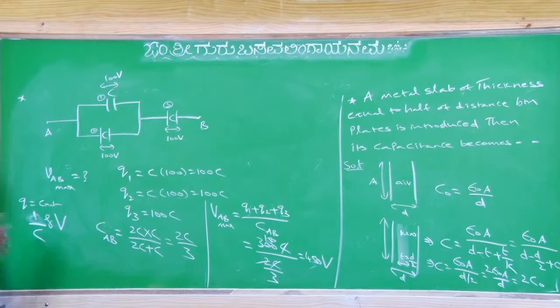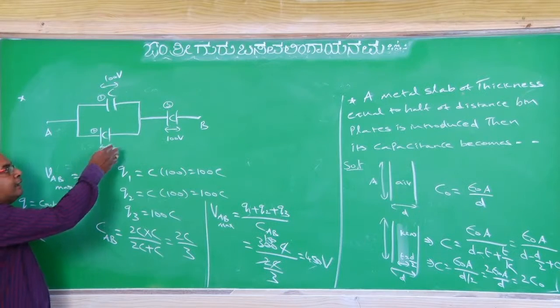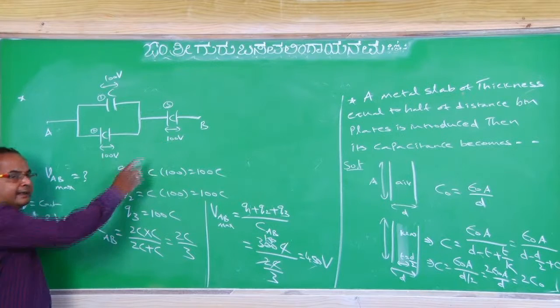450 volts. Suppose the same question is given, and in between A and B a battery is already connected. In between A and B what is connected? Battery connected. Battery connected means what remains constant? Potential remains constant. Potential remains constant means this is 100 plus this is 100.